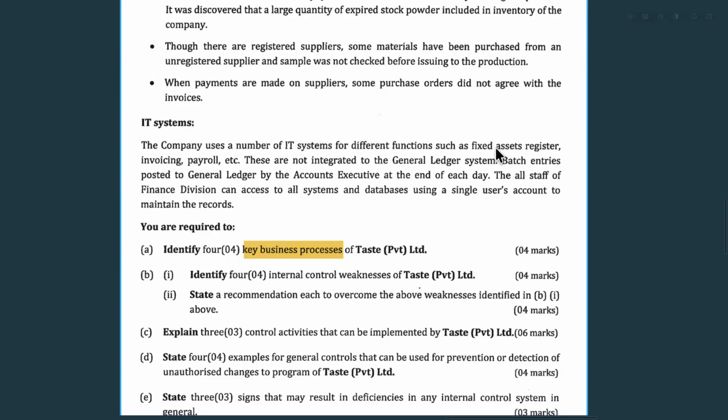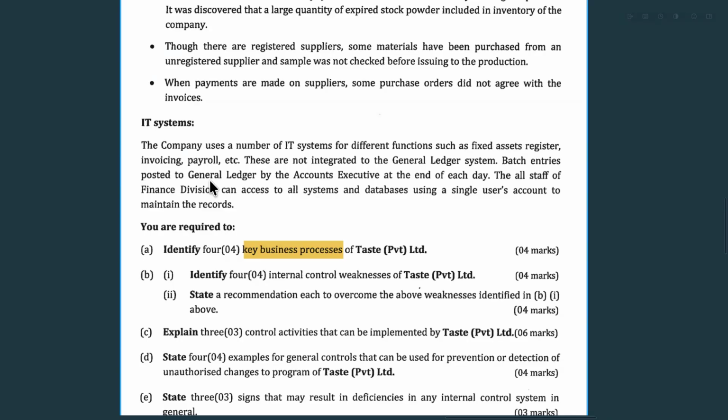So there is a significant deficiency, a red flag, that the general ledger is the one actually connected with our financial statements. So if the financial statements are not integrated with this fixed asset, invoicing and payrolls, there may be some wrong numbers in the financial statements, right? So that's a red flag.